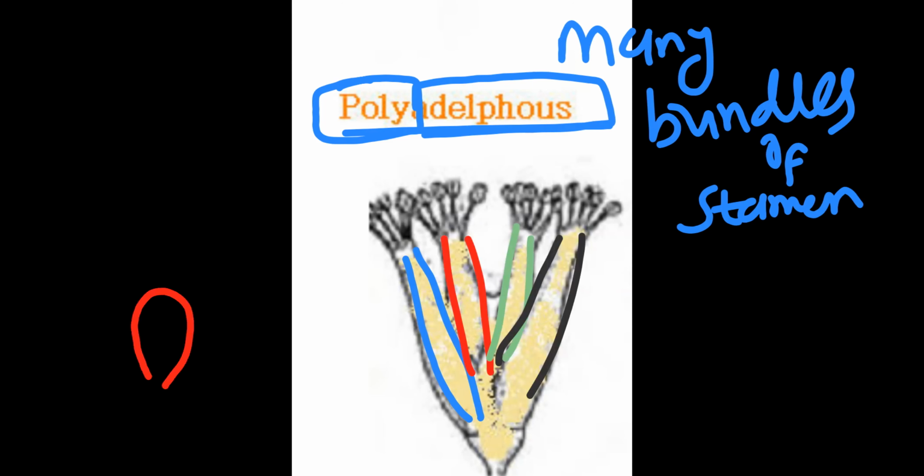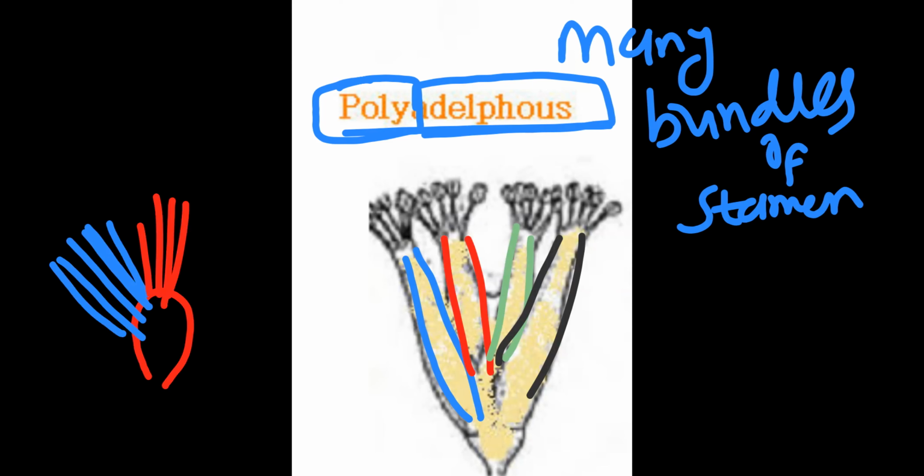This is the thalamus. Now understand that on this thalamus, 5 stamens, then again 5. Hypothetically, understand, on the thalamus, 15 stamens are present.